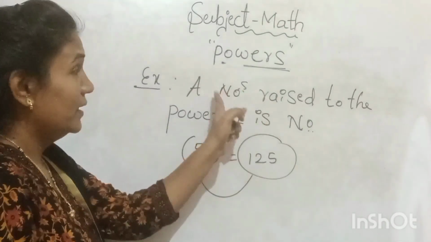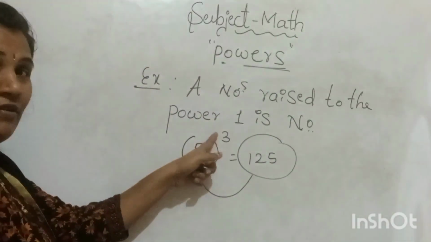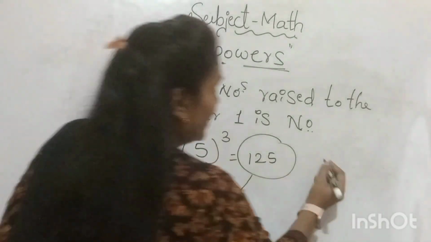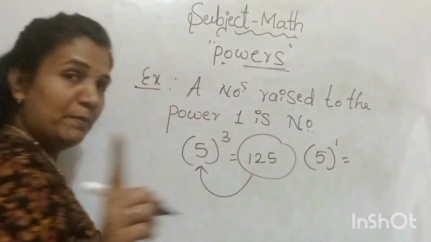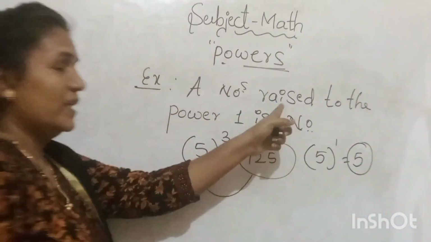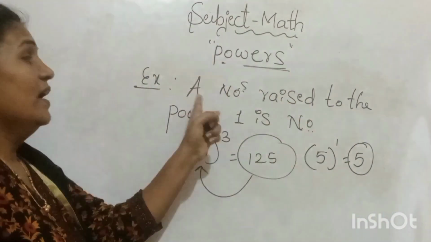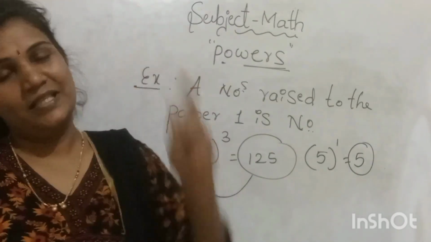Now, what I told is that a number raised to the power of 1 is the number itself. Here the power I have taken is 3. But see 5 to the power 1: 5 multiplied once means 5. So a number raised to the power of 1 gives the number itself.